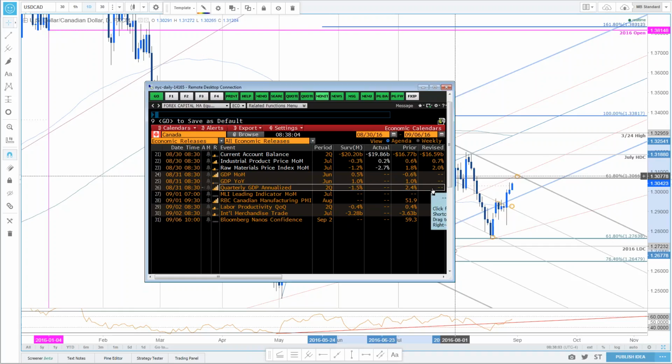Now, there is a caveat on this, guys. A lot of market participants are already factoring in this weak print because of the Alberta fires that we saw in Canada during the second quarter. So keep in mind, market consensus is already expecting weakness. That's all to say, if it comes out at negative 1.5, negative 1.4, negative 1.6, don't expect outright CAD weakness to necessarily drive things.